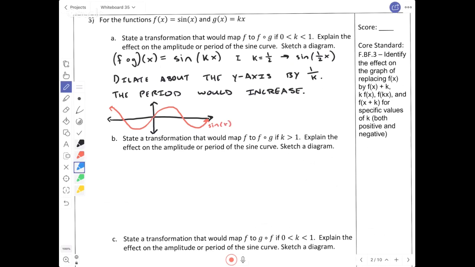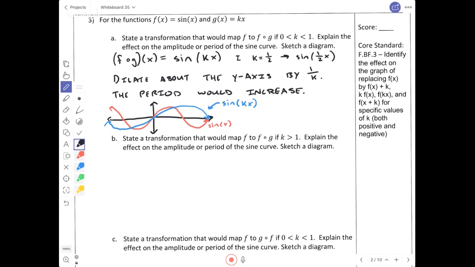And here's going to be a curve that's doubled in period. Sine of kx. Okay.